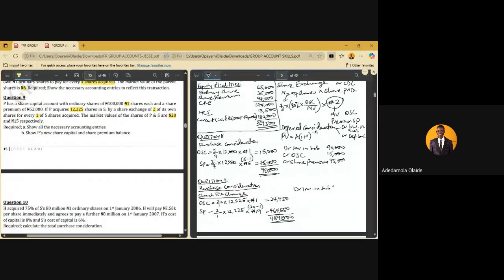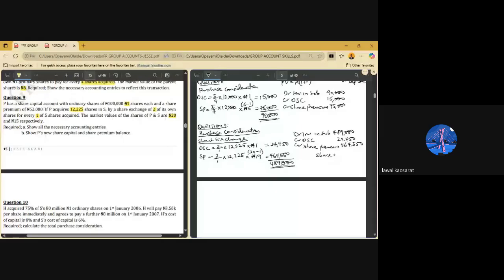We'll debit investment in subsidiary with 489,000. We'll credit ordinary share capital with 24,450, and we'll credit share premium with 464,550. Do we understand? Yes, sir.